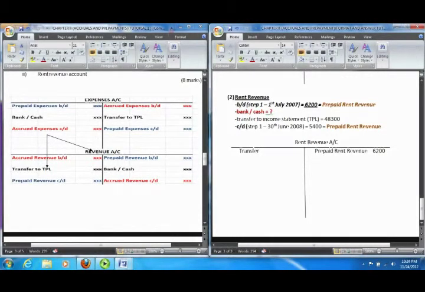I allow you to do TPL only or transfer to TPL, either one. The important thing for me is which side you put the TPL. If you put the TPL at the credit side, it is wrong, because for this revenue account, TPL is always on the debit side. So amount of TPL, class? Yes, 48,300.